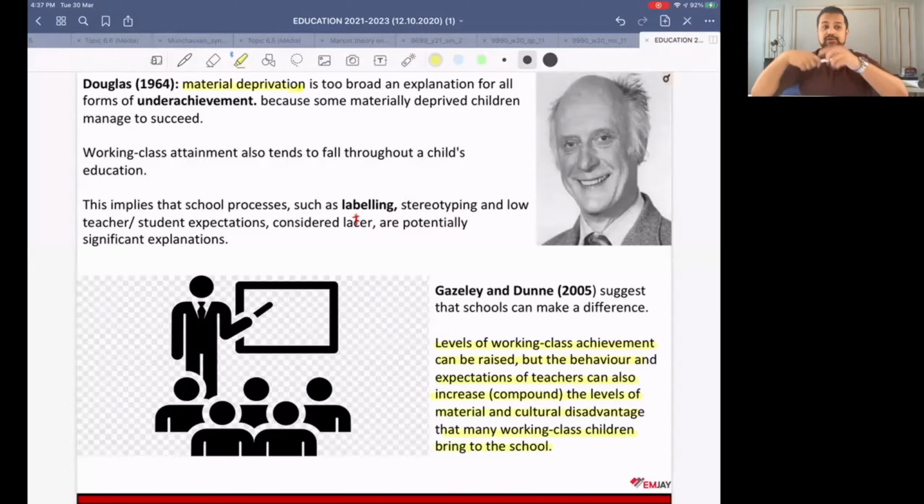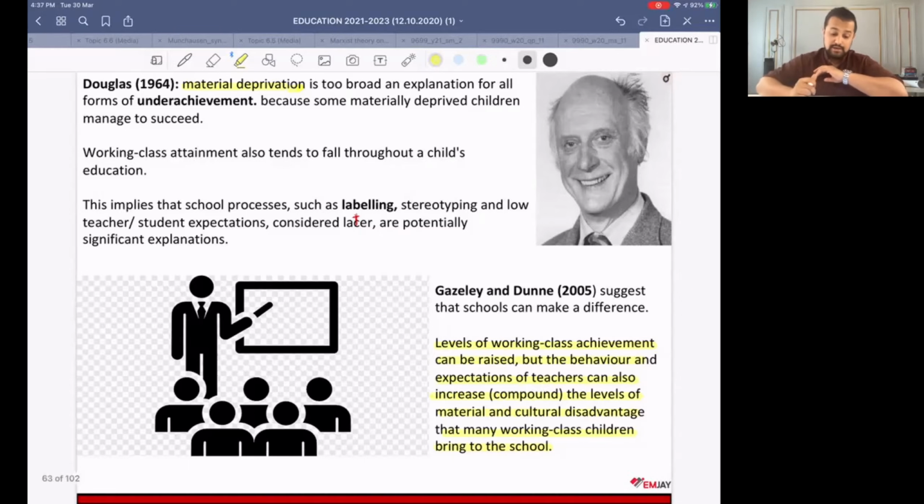Number two, what the teachers can do is the teachers can just make it worse by having low expectations, by having a stereotypical image of what a child can perform and cannot perform, right? All of this could be a contributory factor towards the working class child not doing well, or not being able to do as well as the child from the middle class does, right?